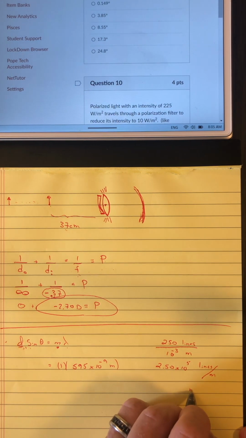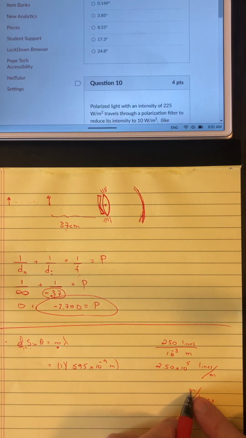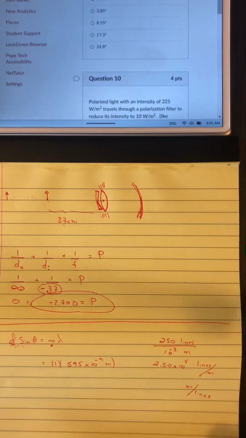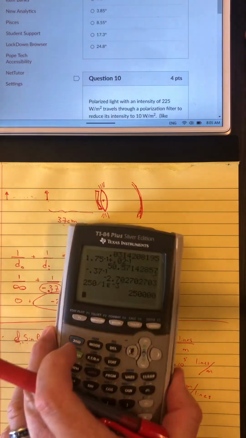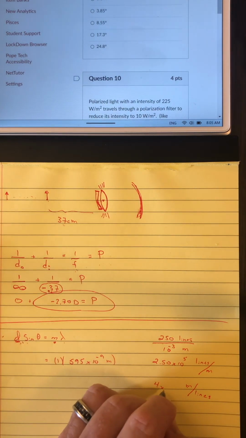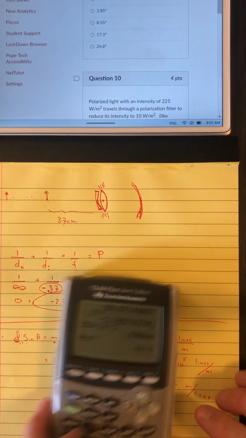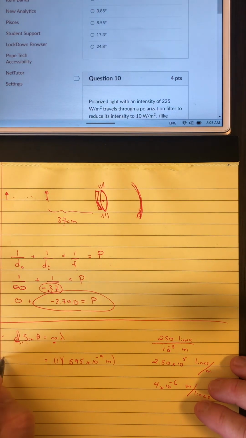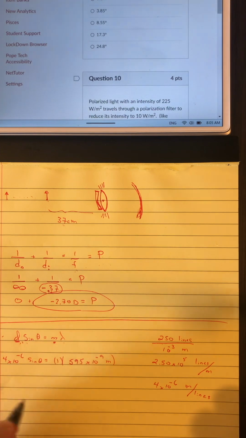And so now if I take the reciprocal of that, I get the amount of meters per line. And that's what I need here. That's what d is, the distance between each of them. So let me hit the reciprocal key and come up with 4 times 10 to the negative 6 meters between each of the slits, each of the lines. And so 4 times 10 to the minus 6 would go here.